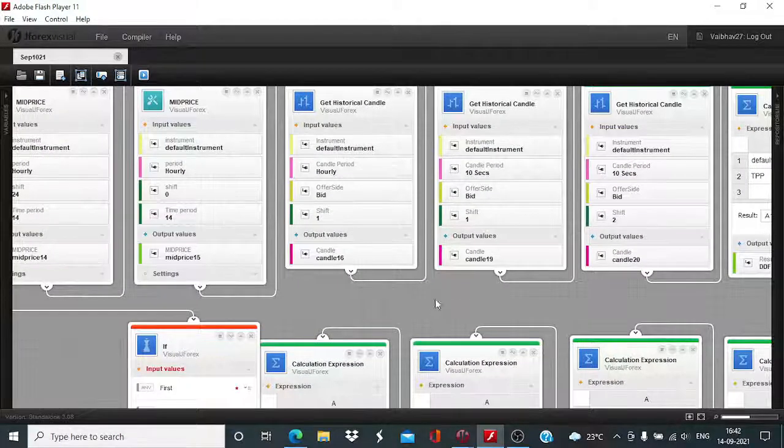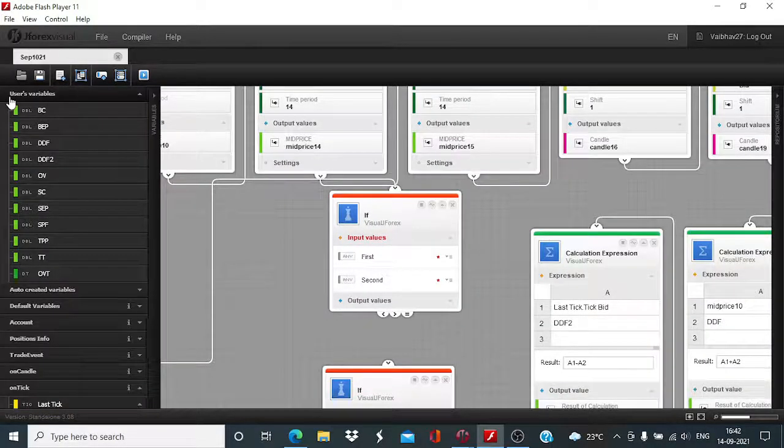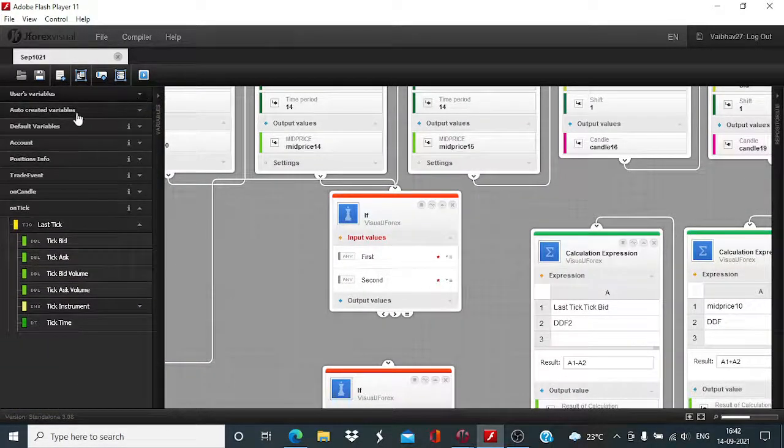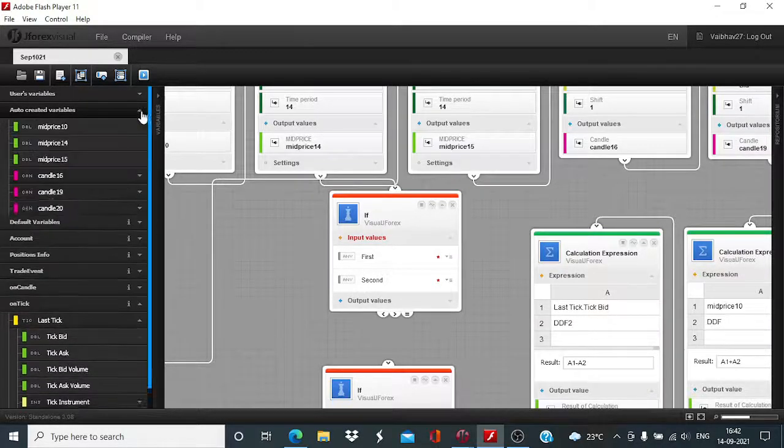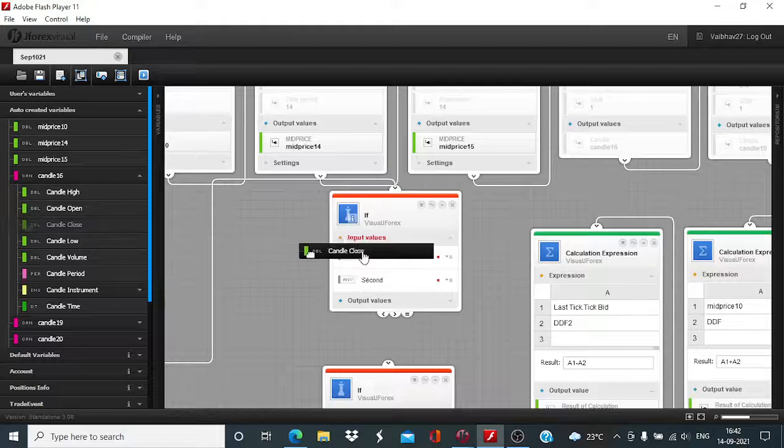So I have to take candle 16 candle close. You have to go to auto created variables, and here you will find it listed below these options.